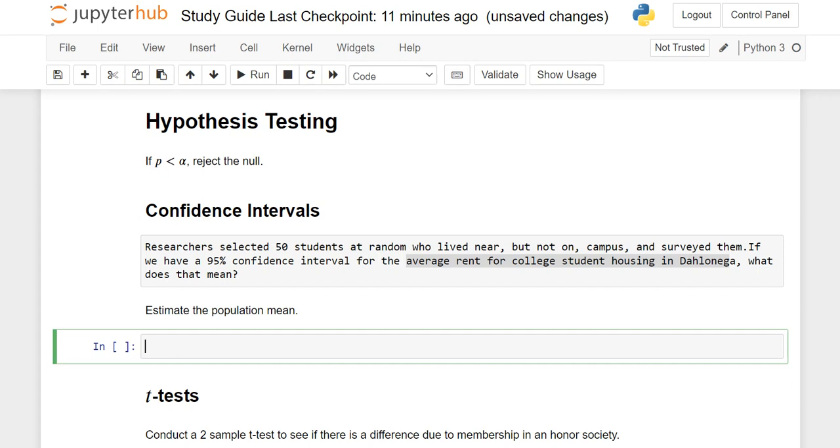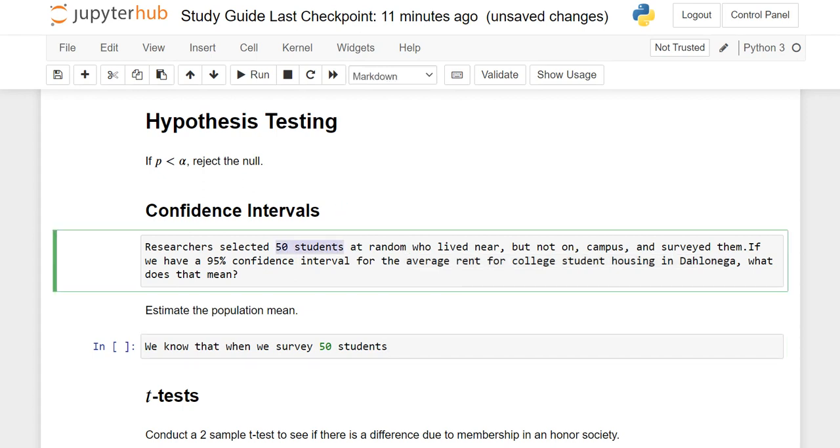It means that we know that when we survey 50 students. Why 50 students? Because that's how many were surveyed up here.